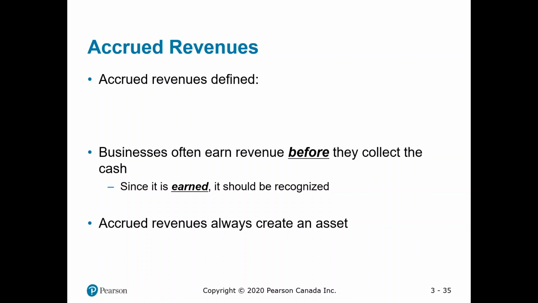Now we'll get into accrued revenues. So these are defined. Oh, I don't like the red. I'm going to change that. They are revenues that have been earned but not yet invoiced or collected.